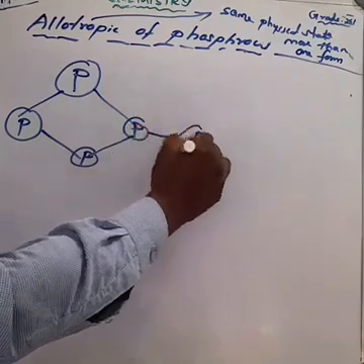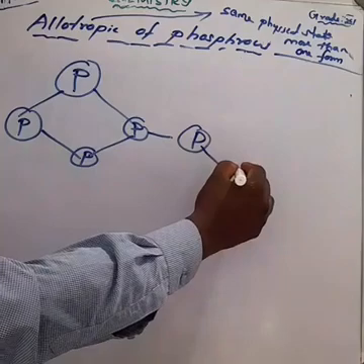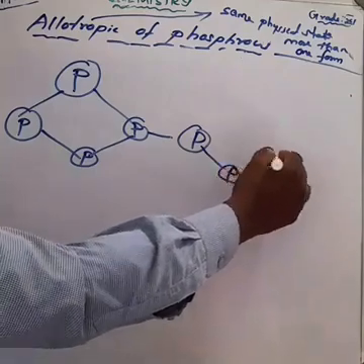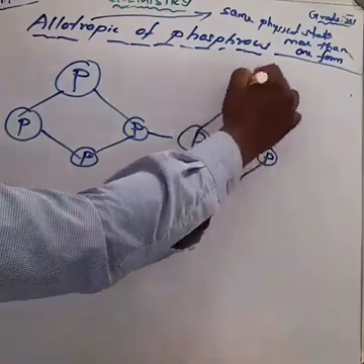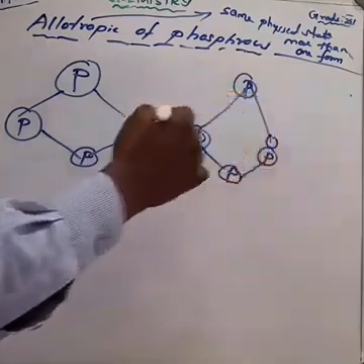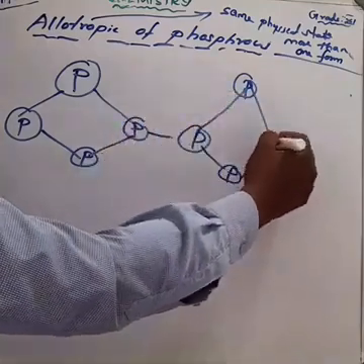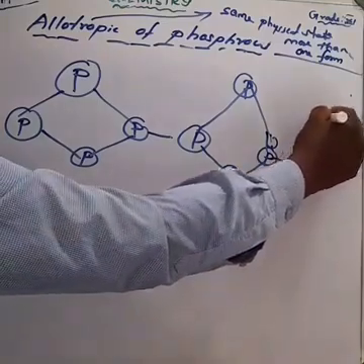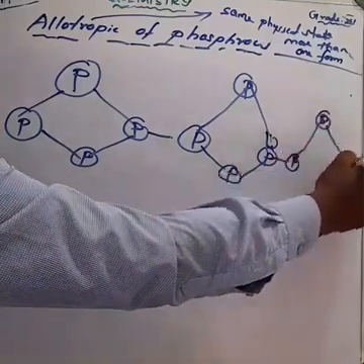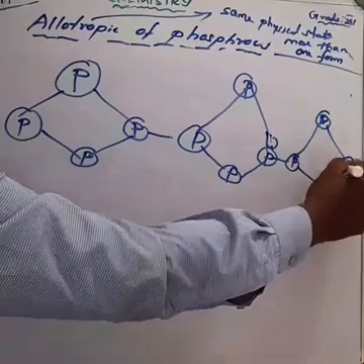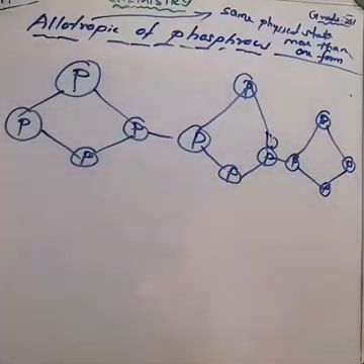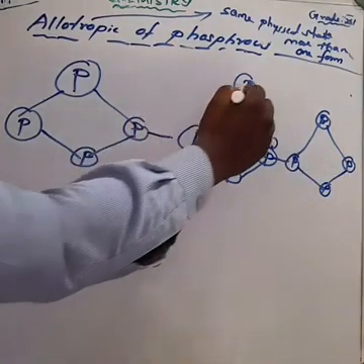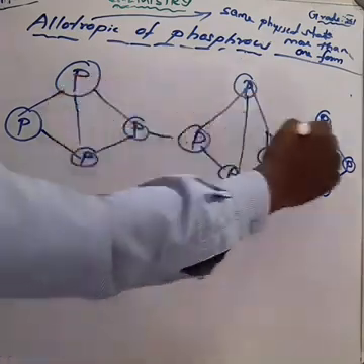Next, again joining phosphorus, phosphorus, phosphorus, phosphorus. Again joining one more P4 unit. This is about the red phosphorus.